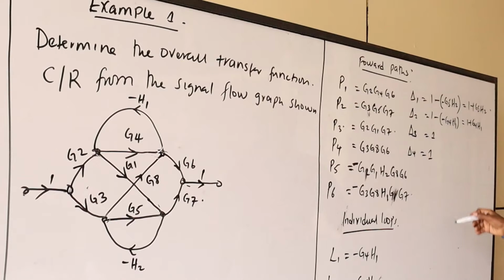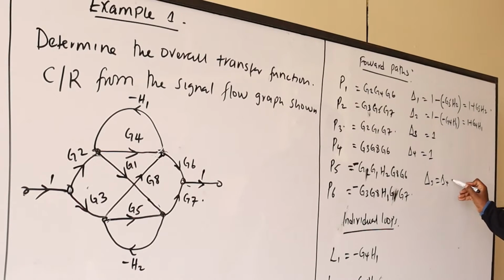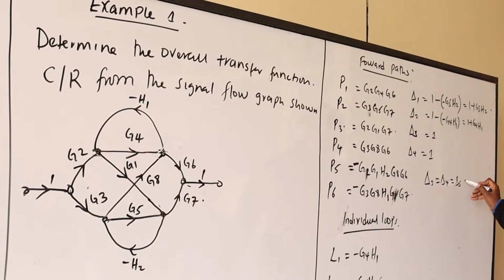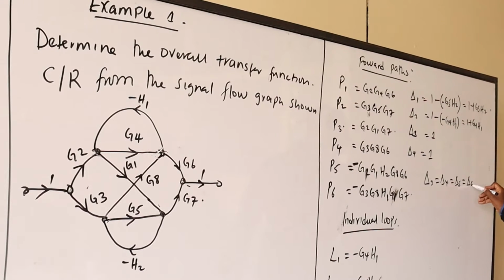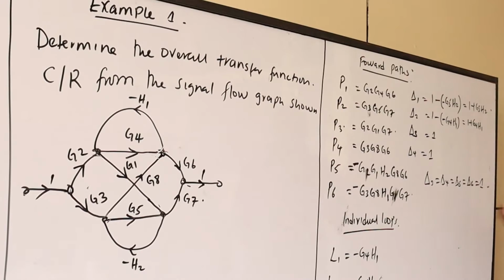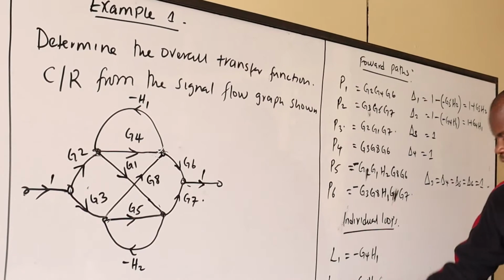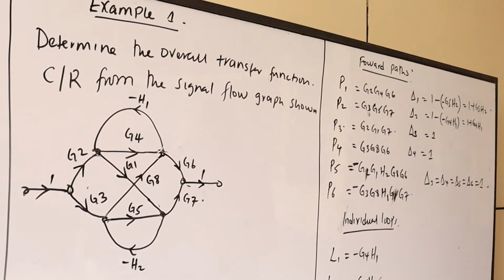You will find that determinant 3 equals 4, equals 5, equals the determinant for 6, which is 1, because the paths from path 3, 4, 5, and 6 all touch all the loops, and therefore their determinant values will be 1.